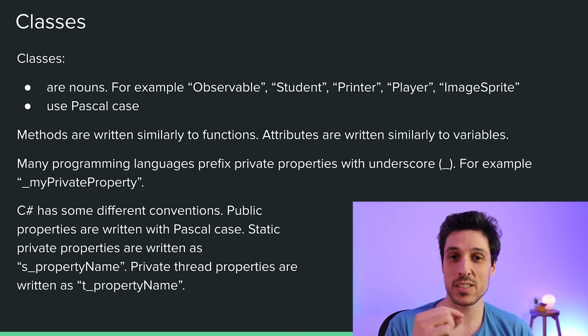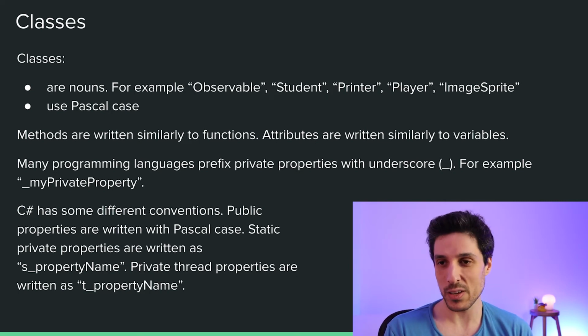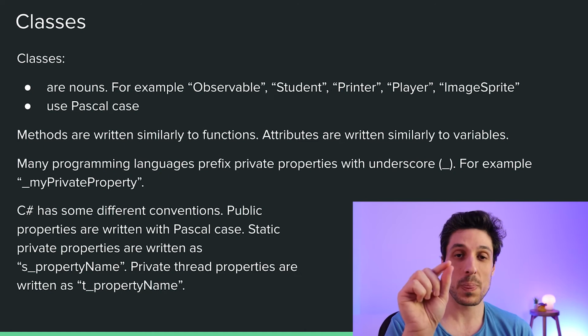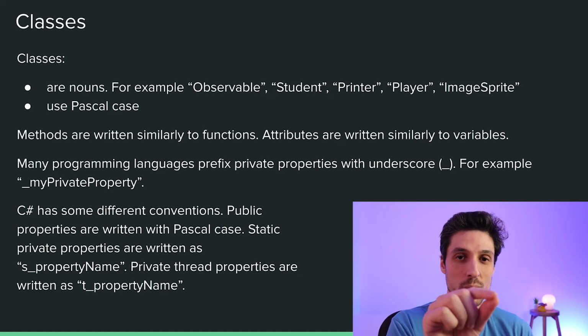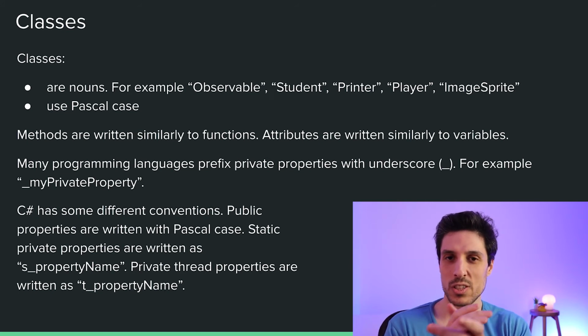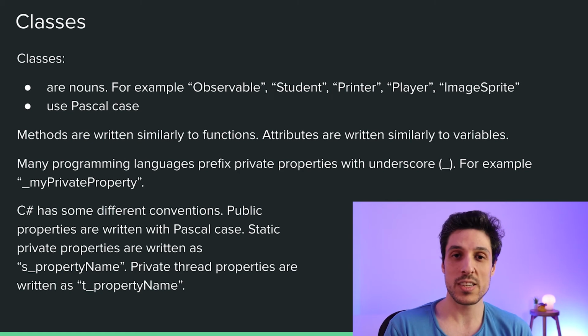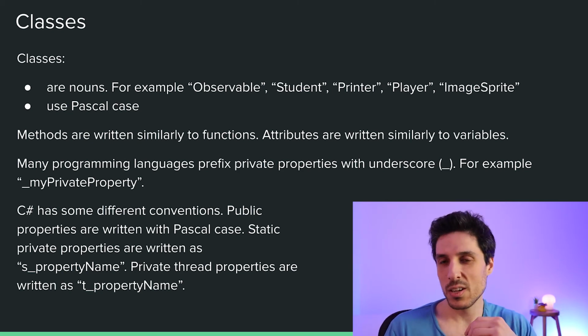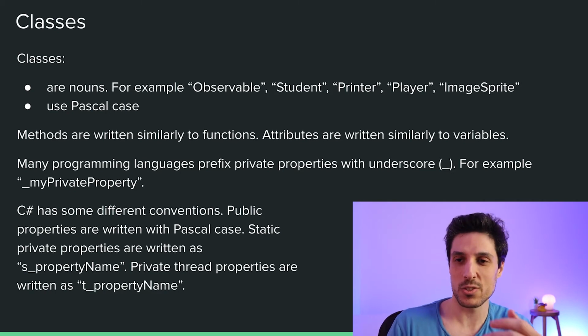If something is a static property that's private, you prefix it with S underscore and then the name. And if something is going to be used in a thread, you prefix it with T underscore and then the name. It's a little bit more complex, but I thought I'd mention it here for completion.